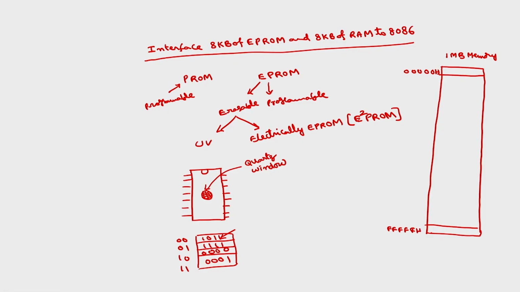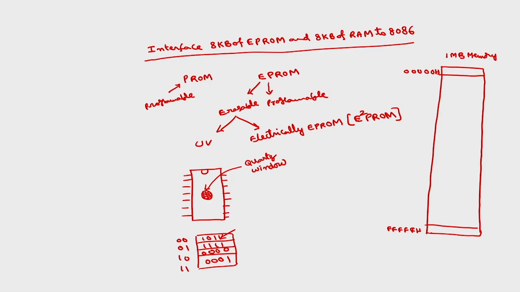We can use any portion of this for EPROM and any portion for RAM. Sometimes it will be given in the statement itself, for example, that you interface 8 kilobytes of EPROM from F0000H to F1FFFH. In that case you have to connect in that particular place only. If nothing is given, you can choose any of this space for EPROM and some space for RAM.